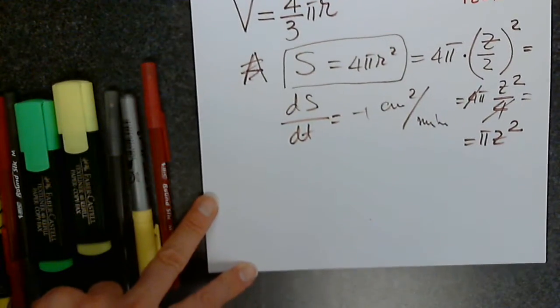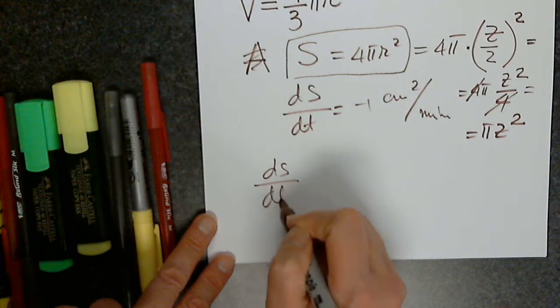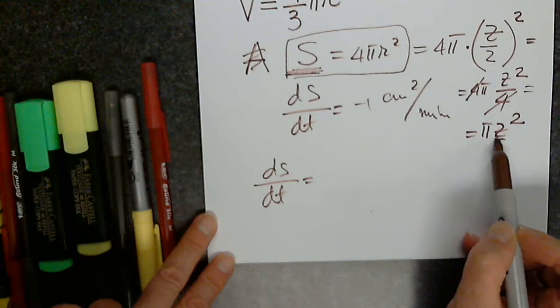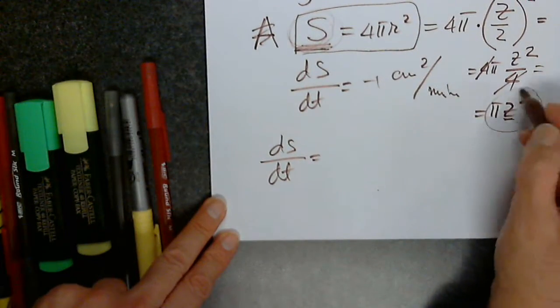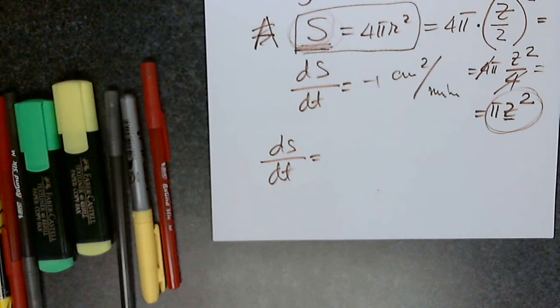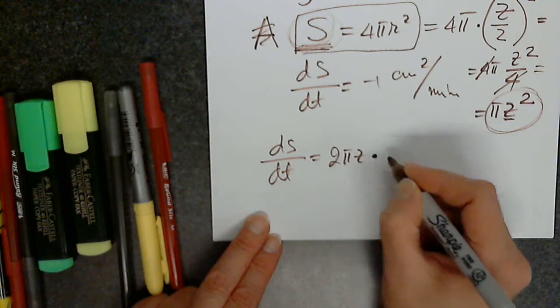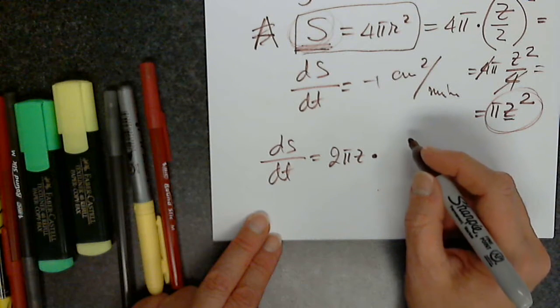Okay. So now I know that ds over dt, from here, the only variable is z. So please differentiate this side, which is ds over dt, and differentiate this side and tell me what to write. 2 pi z times dz over dt.